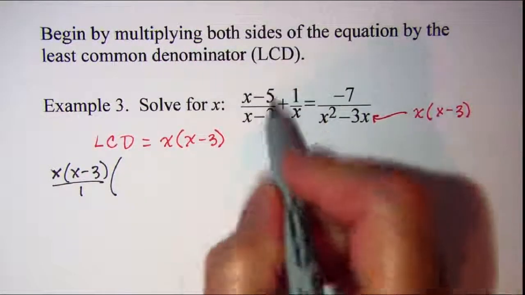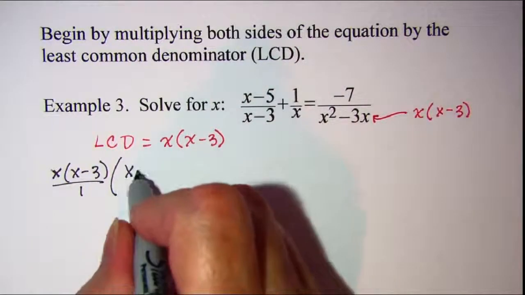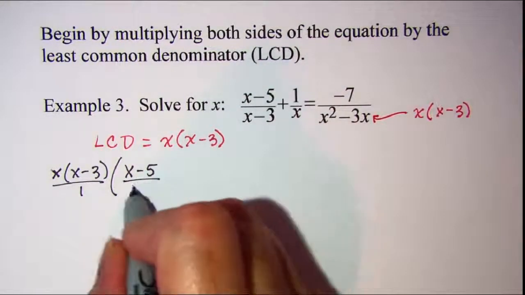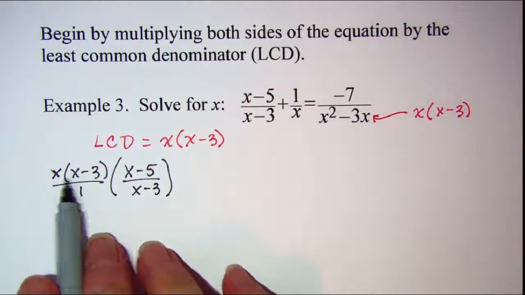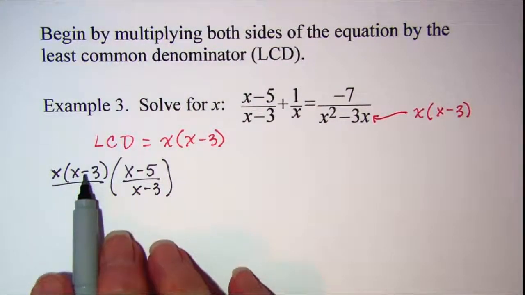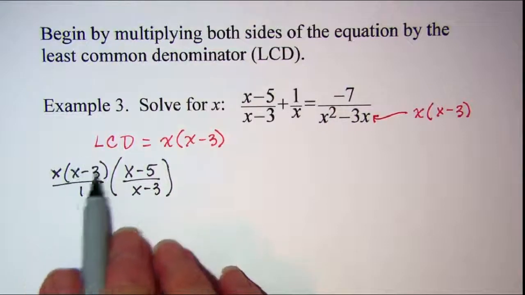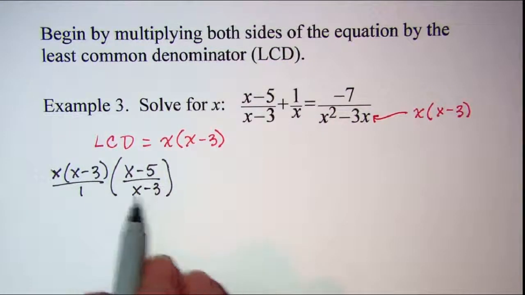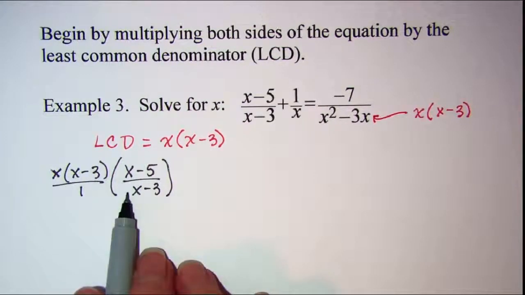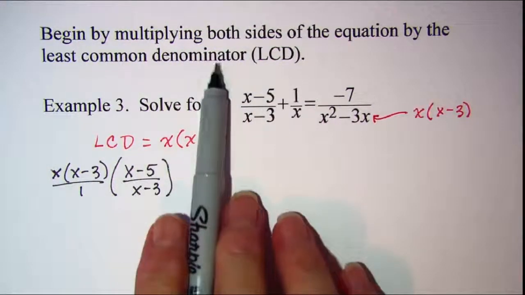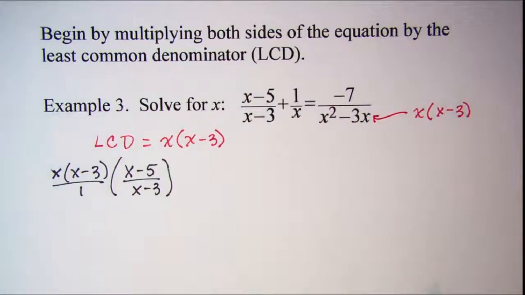multiplied by this first term, (x - 5)/(x - 3). And I wrote my least common denominator over 1 so that you can see that this is in the numerator and this is in the denominator, and so these two will cancel. That's the whole reason for multiplying by the least common denominator.